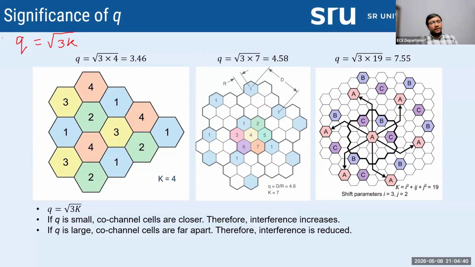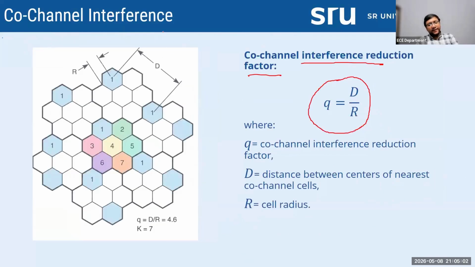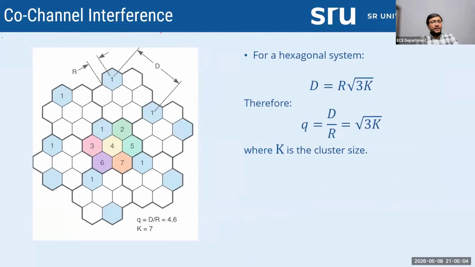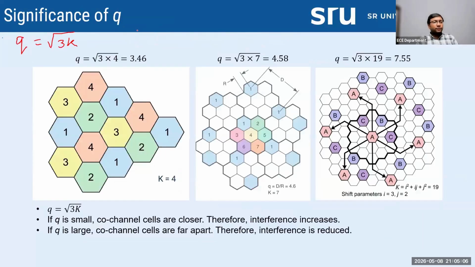When K is equal to 7, it means Q is equal to root over 3 into 7, that is equal to 4.58. Again, Q is equal to root over 3 into 19, it means 7.55. So what is the significance of this? Q means co-channel interference reduction factor. It means if the value of Q increases, interference decreases.